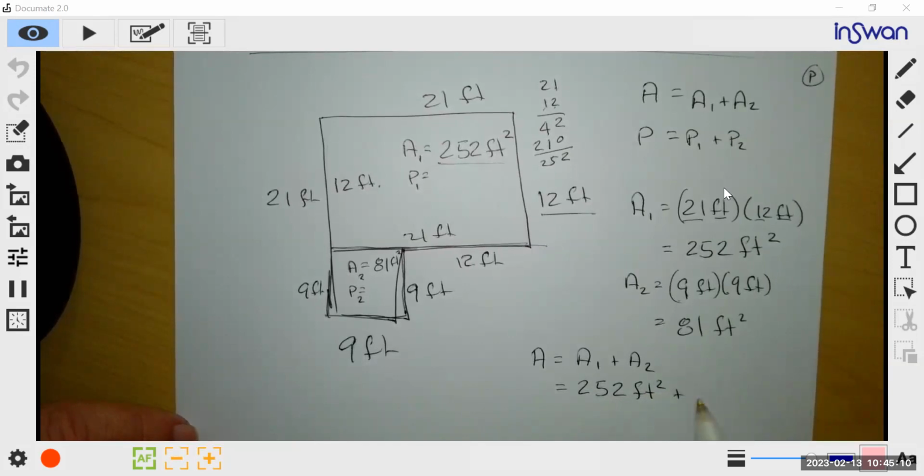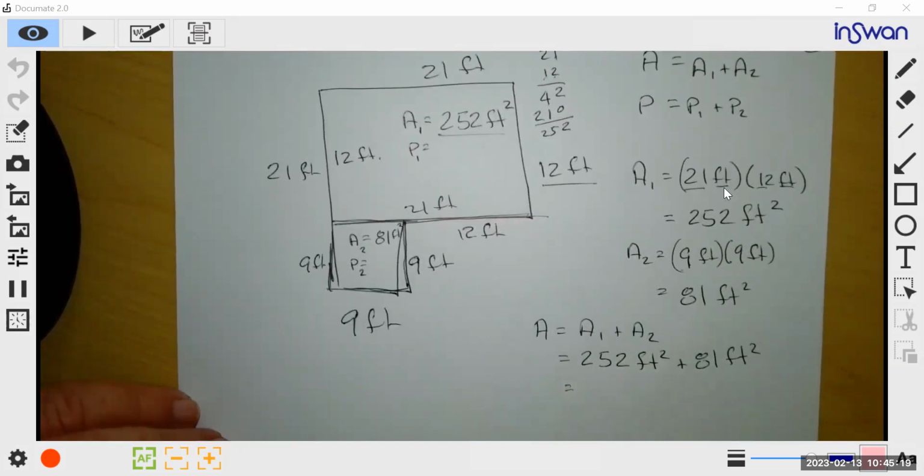So the final total area, we have to add the two sub areas. So 252 plus 81. 333 feet squared.